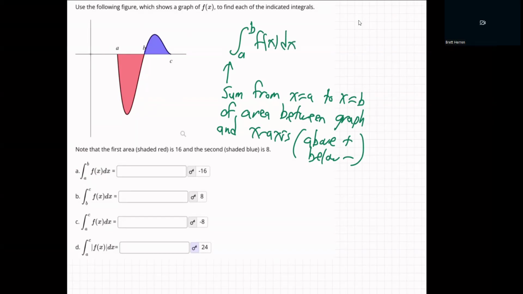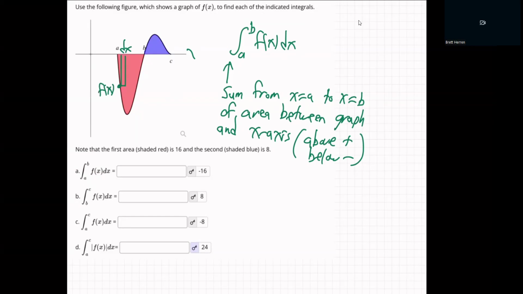Remember how in the last section we figured out the area is just a bunch of rectangles? You can just add up the rectangles. At least we approximated the area by putting a bunch of rectangles in there. Each of these rectangles has a width dx. This is the x-axis right here. If we put a little rectangle in there, it would have a width of dx, and its height would be right here, f of x.